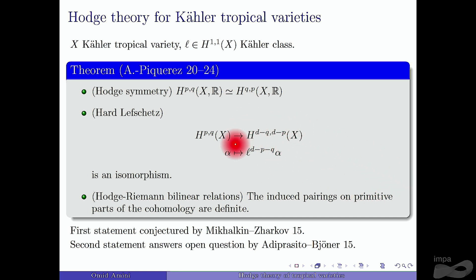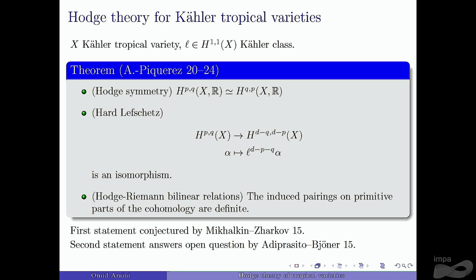It's really symmetric. You have the Hard Lefschetz theorem with respect to this global L. So if you take the product with the right power of L, it gives you an isomorphism between H^{p,q} and H^{d-q,d-p}. And then you have Hodge-Riemann bilinear relations, which tell you that they induce a pairing on primitives. You have to define primitive parts.